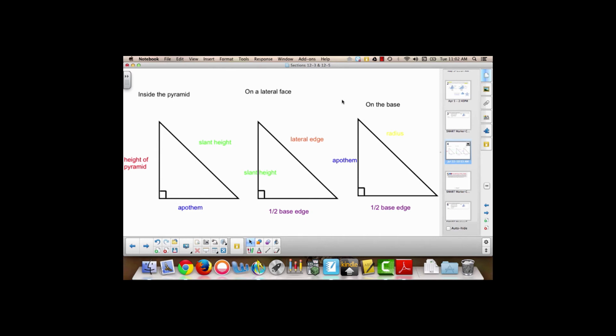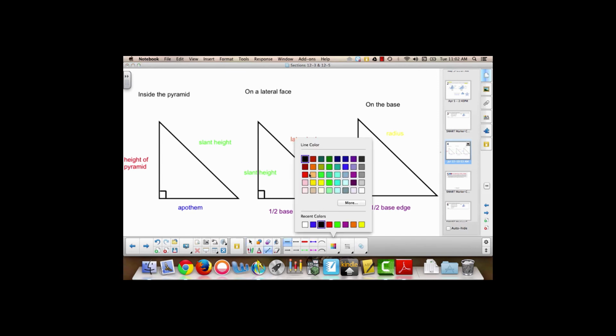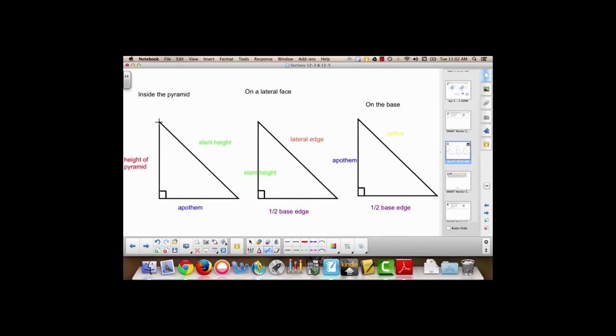Okay, now that you've figured out those formulas for lateral area and surface area of a pyramid, and you know that you have to use the slant height and the perimeter to get those, I want to go over some very important right triangles in pyramids that you'll be using to solve for some of those missing parts of your formulas. The first right triangle is inside the pyramid. This side over here is the height of the pyramid, or the length of that segment that goes from the vertex to the center of the base.